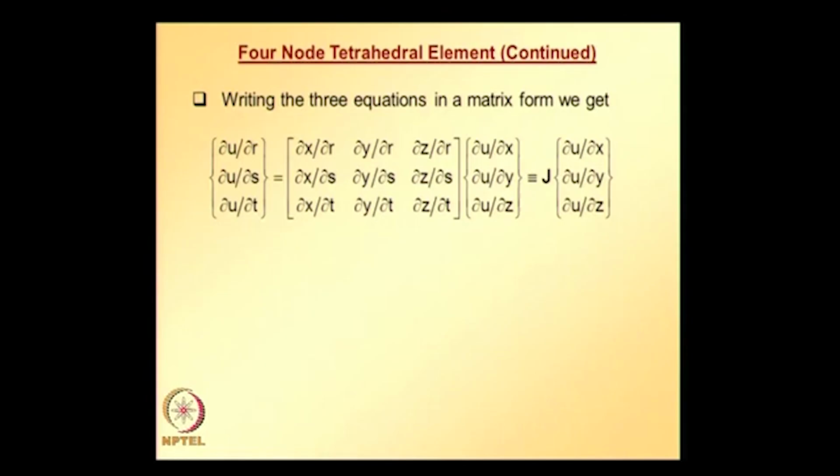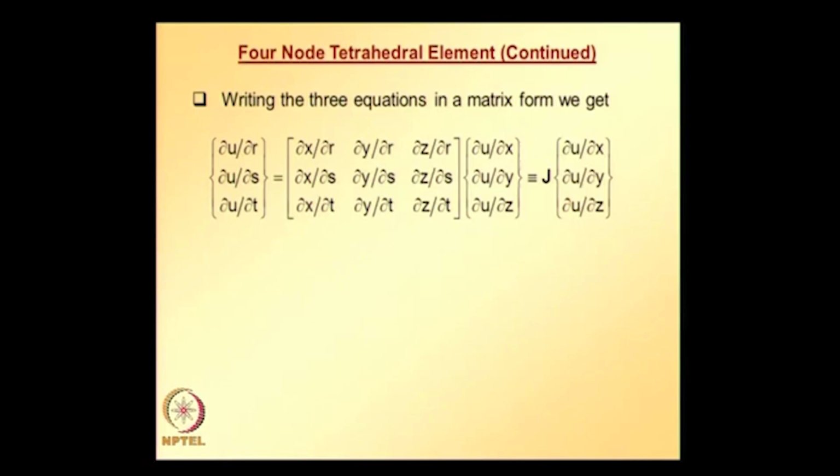where J is used to denote components of partial derivatives of x with respect to RST, y with respect to RST, z with respect to RST.